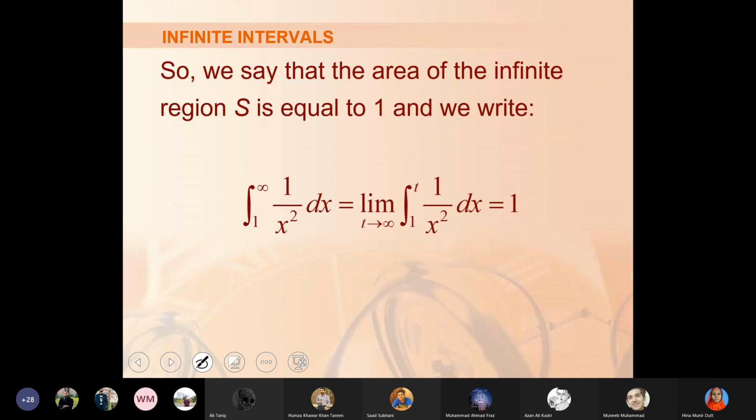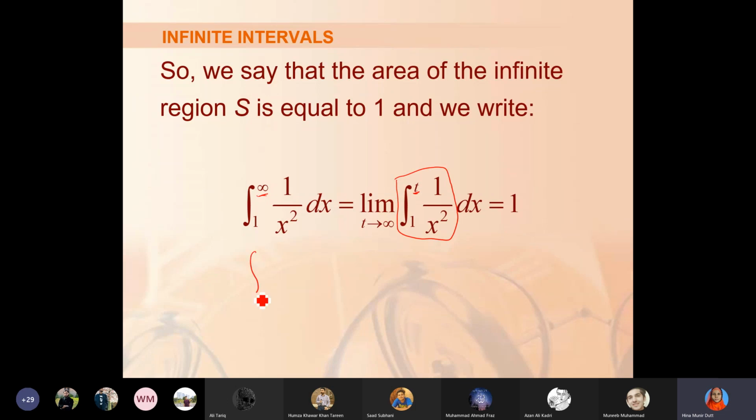Similarly, this would be my answer. What I have done is, first I replaced this infinity with t, where t is any number which is increasing without bound, that is, t approaches infinity. Then evaluate this integral like you have evaluated the definite integral, and then take the limiting value of this.